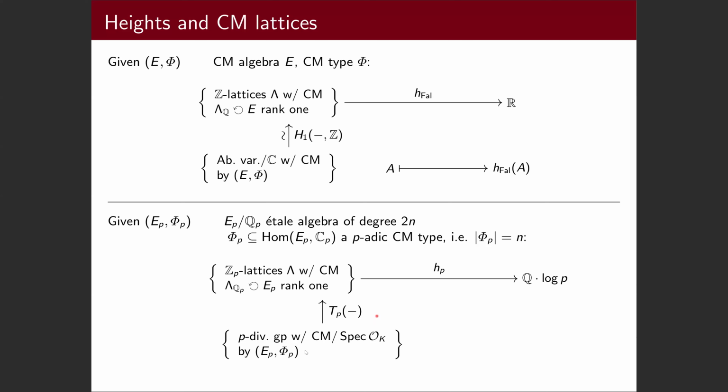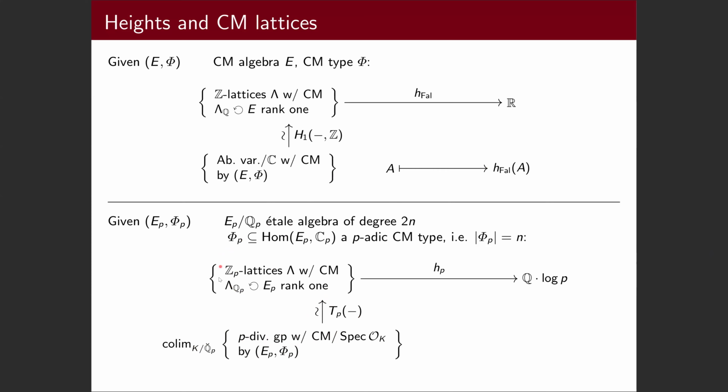If I have some CM p-divisible group with CM by this particular CM pair, I can get such a lattice by taking its p-adic Tate module. This is not an equivalence yet, but if I pass to larger and larger fields, then this does give an equivalence of categories, very much analogously to the abelian variety case.